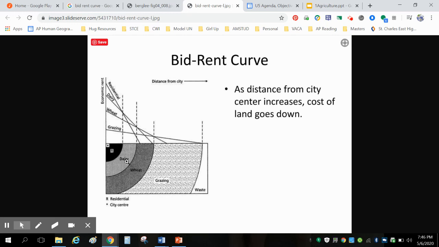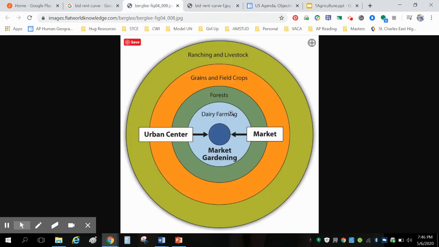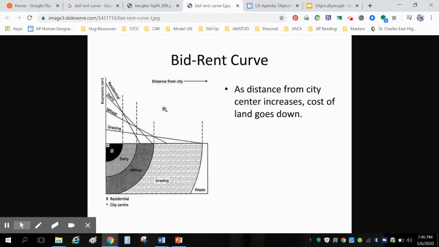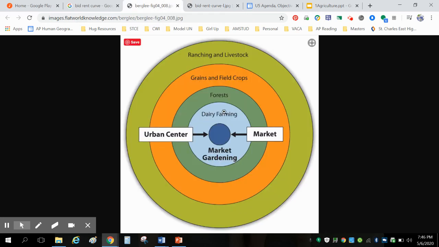So that's how these two models work together. They are not the same, but they do help explain one another, right? So there's a couple of things to think about. Von Thunen is just what's where in relation to the market and why. Bid rent goes into the economic costs of land, which also helps to explain what is where and why.